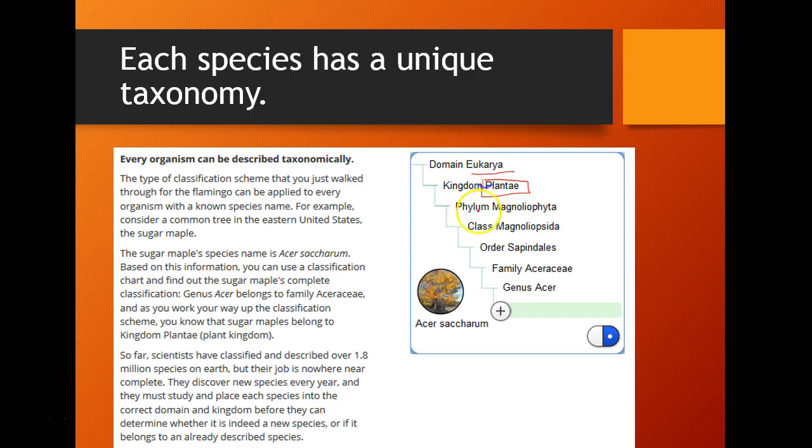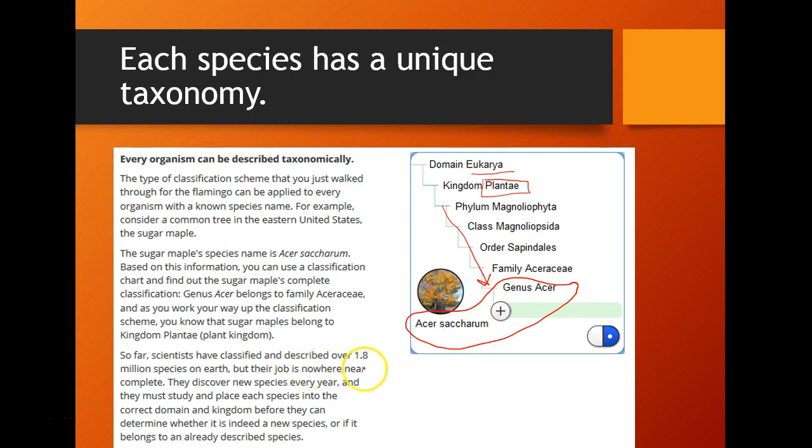It's found in the plant kingdom, and then we can go all the way down to become more and more specific to classify this organism properly until we reach the end, where we have the scientific name of the sugar maple tree right here. And so again, this is just another example of how scientists organize these organisms based on their evolutionary history.